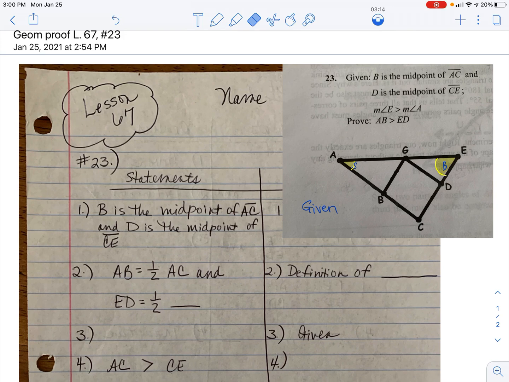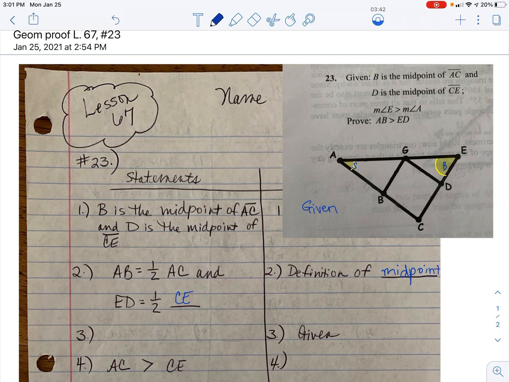And also on the other side, ED over here, this line segment right here, is half the size of this whole thing, which makes sense because that midpoint cuts it in half. Okay, so let's go ahead and fill that in. So AB is half AC and ED is half CE. And that is simply the definition of a midpoint. That's what a midpoint does, cuts it in half.